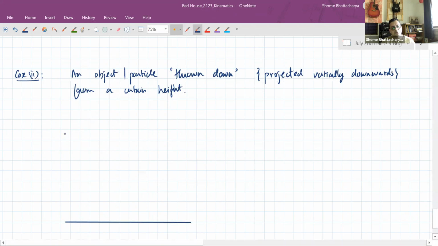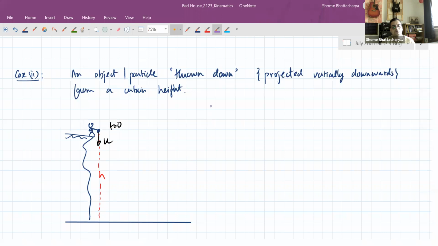So imagine the same scenario. A person is at a position where he is holding an object at a certain height above the ground level. So this height is h. But what happens is that at t equal to 0, he or she throws it downwards with an initial velocity u.